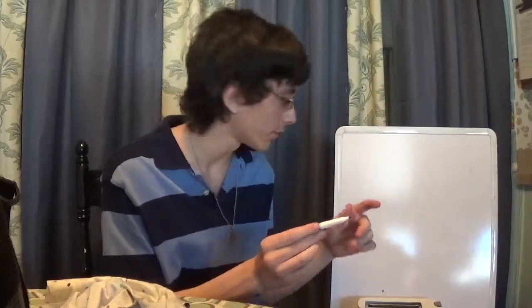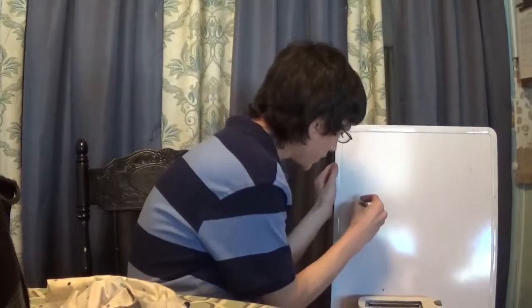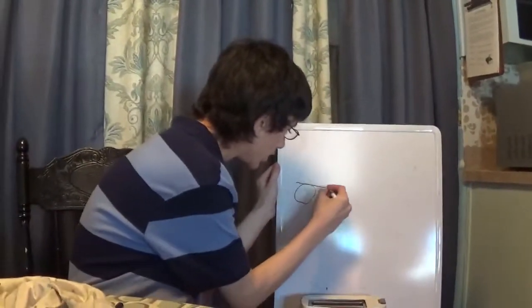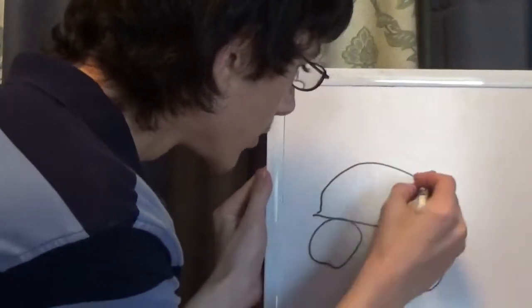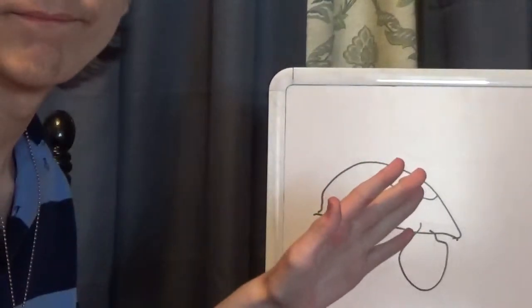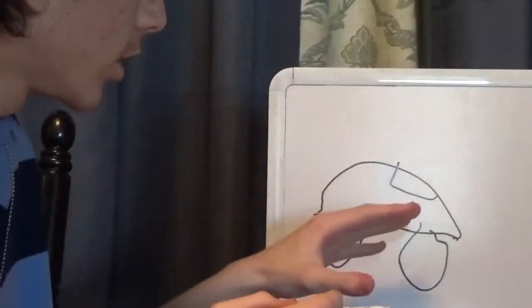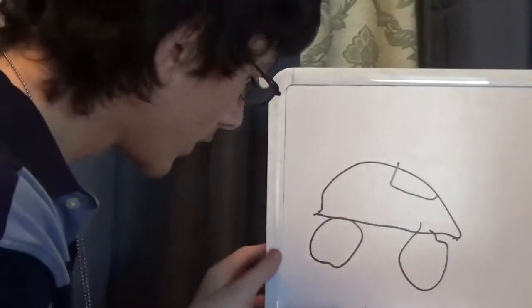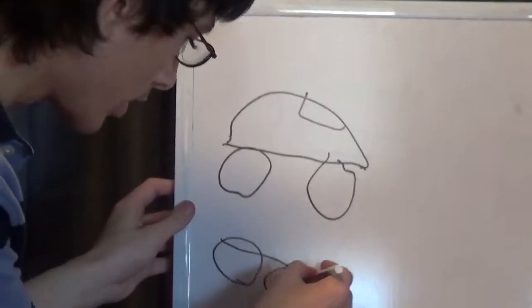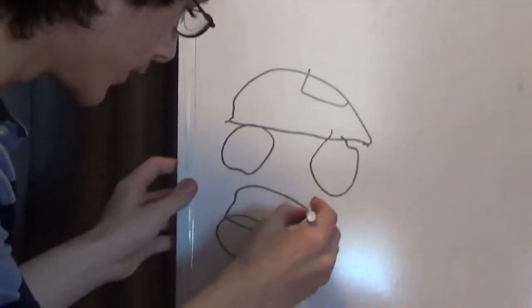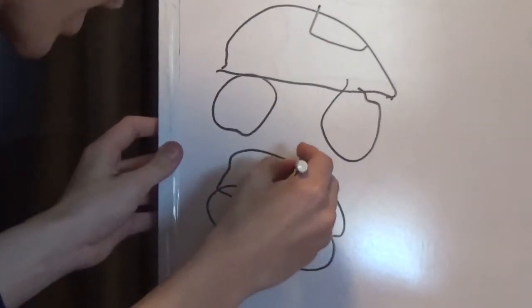Say that you take a car and completely hollow it out, have nothing inside it, just the exterior of the car. But you take another car, and that one is completely full with all of its interior and exterior.